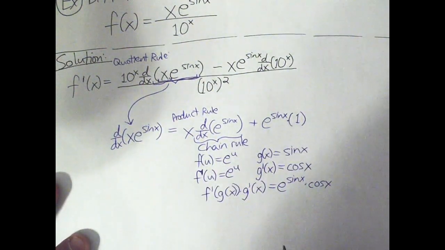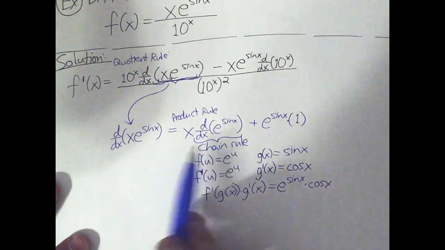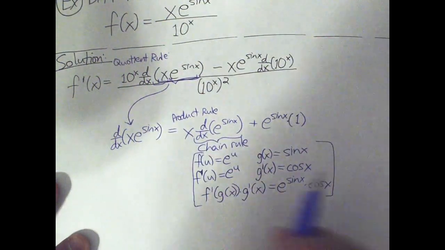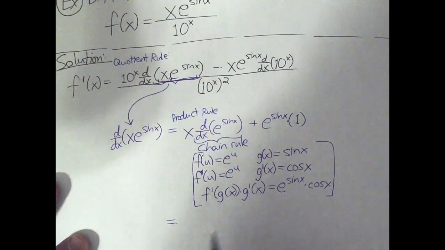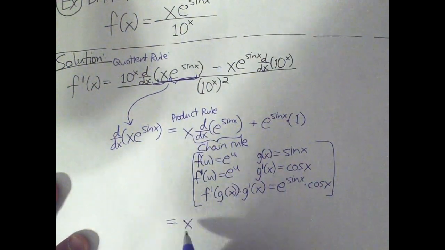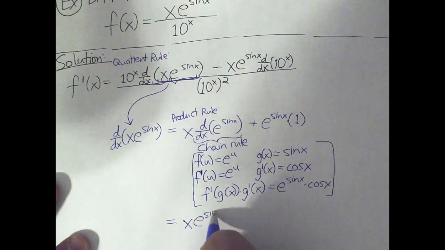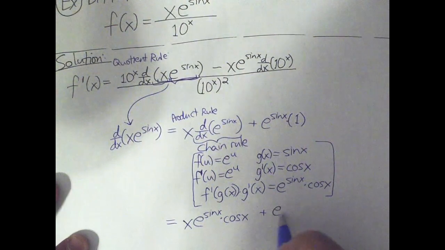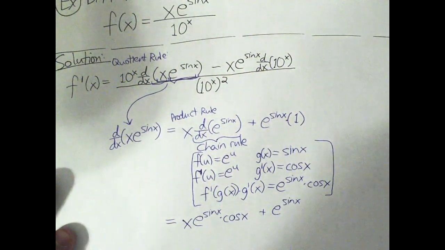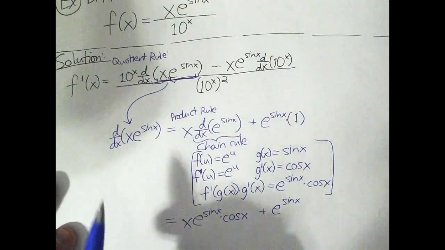All right. So where are we at here? This is all this part of the problem. So this equals x times what we just found. So x e to the sine x times cosine x plus e to the sine x. All right, there was one other thing.